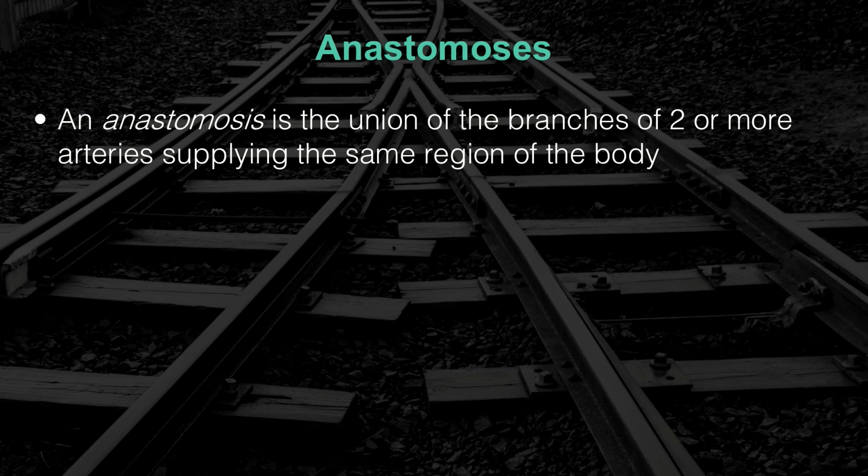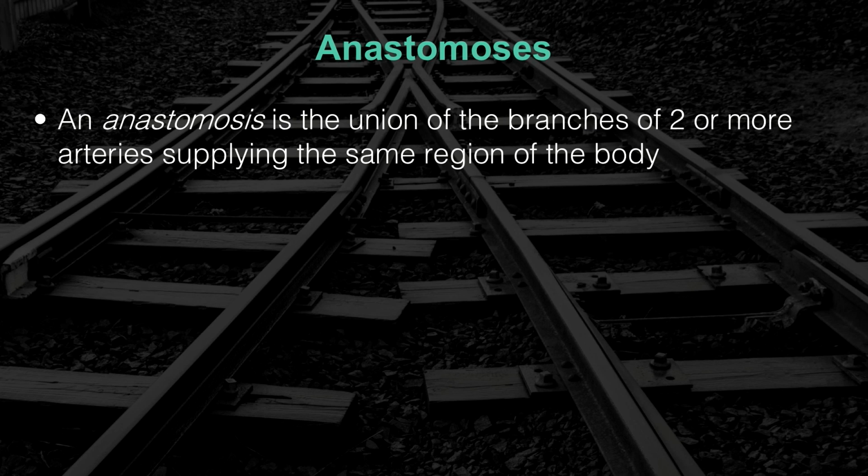One anastomosis, multiple anastomoses. So an anastomosis is the union of two vessels. It's relatively rare on the arterial side. It's much more common on the venous side. But it does happen, especially in places where you need redundant blood flow.